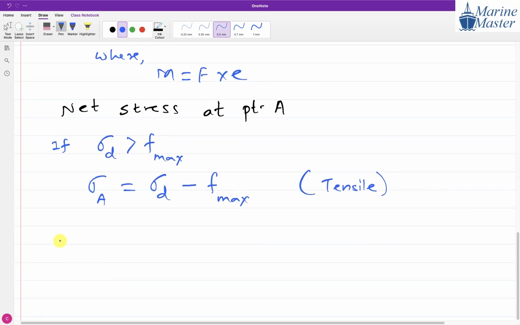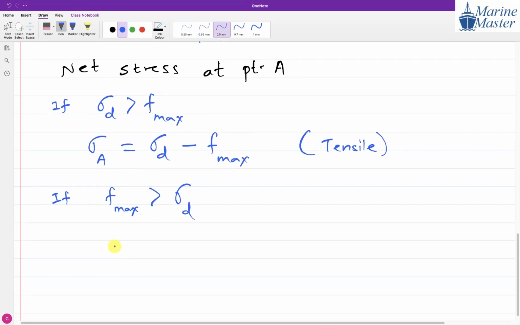The second case: if F max is greater than sigma D, then the net stress at point A will be F max minus sigma D, and the nature will be compressive. Everyone getting my point?